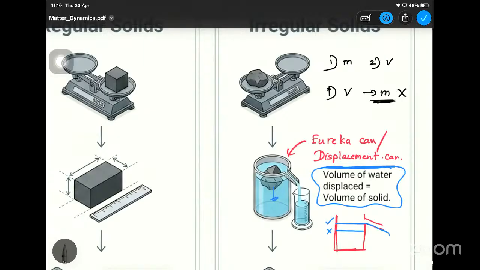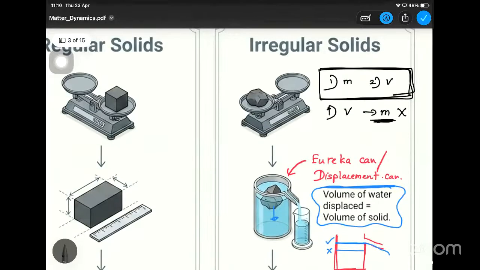Therefore, this is the correct method: first measure the mass, then measure the volume. Then in the first method, there is no connection to absorption. Remember that point. There can be tricky questions like this, asking you to comment on which student has the correct approach for this practical setup.